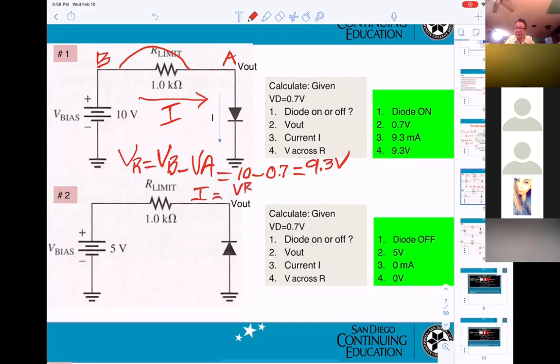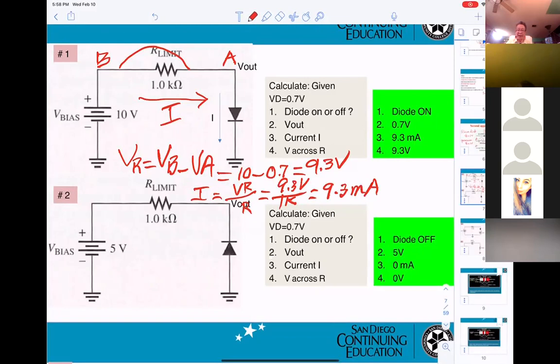And if you want to calculate I, it equals VR divided by R. So that will be 9.3 volts divided by 1K. When you divide volts by kilo-ohms, you automatically get milliamps. You don't have to change the unit.